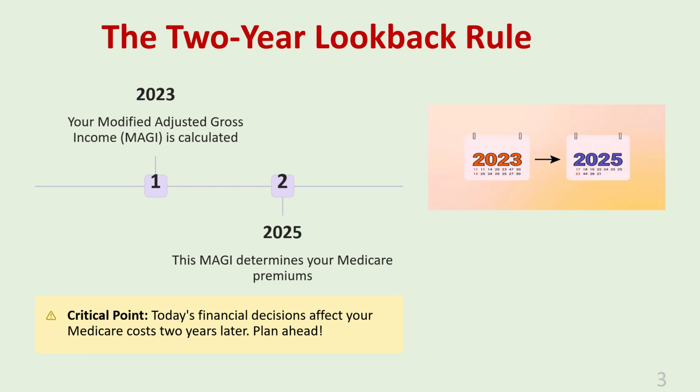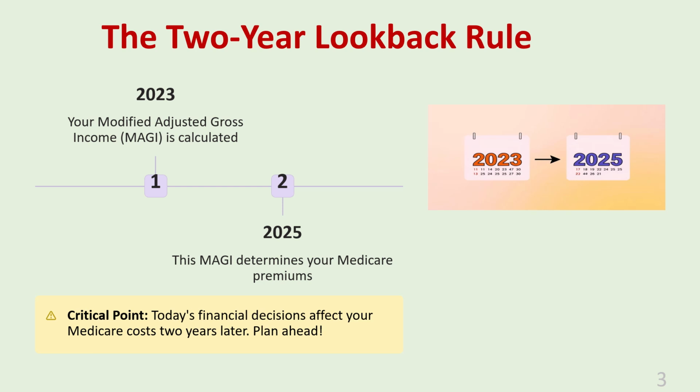This means that a 2025 premium, and this is when this video is being made in December 2025, is actually based on your modified adjusted gross income from your 2023 tax return that you filed a couple years ago. Think about that for a moment.